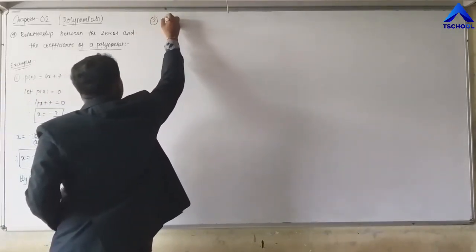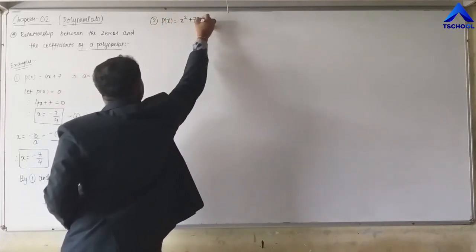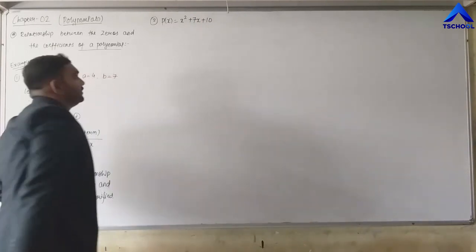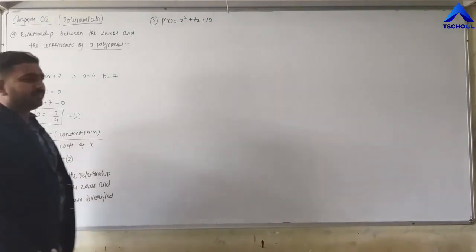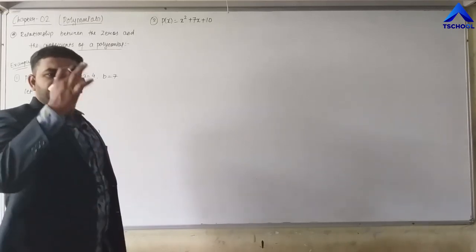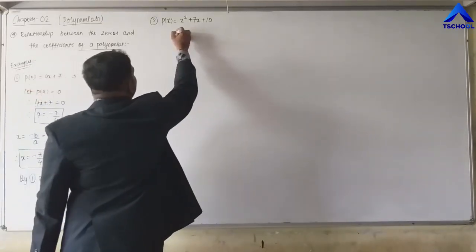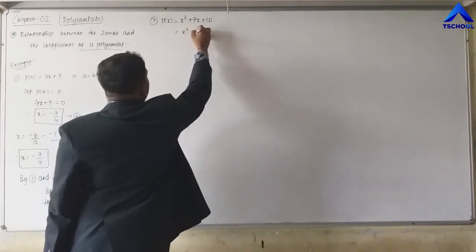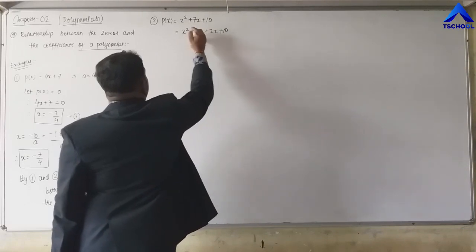For instance, p of x equals x square plus 7x plus 10. I have this polynomial right now with me. So first of all, let us find out the zeros by our previous methods. How to find the zeros? First of all, we shall factorize this. That is x square plus 5x plus 2x plus 10.